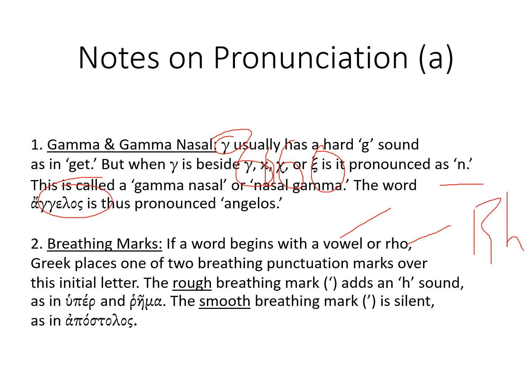That's the rough breathing mark, as in huper, chrema. The smooth breathing mark is silent. It's not pronounced, and that's what we have right here with apostolos. So there's the alpha, and that's the smooth breathing mark. The rho then has a rough breathing mark, and you can see those.